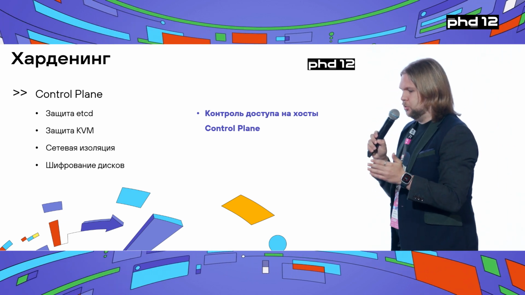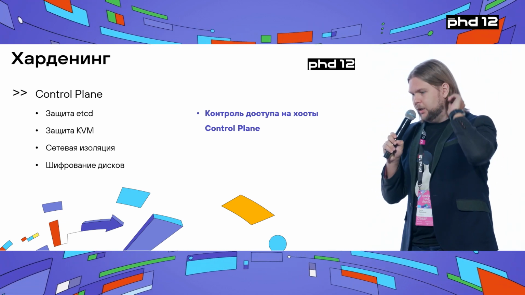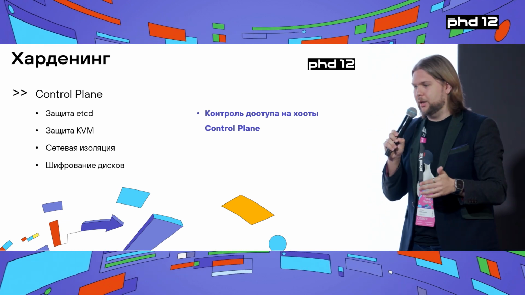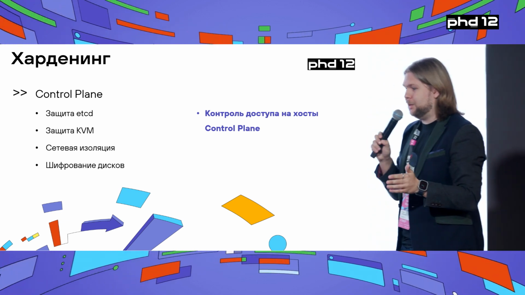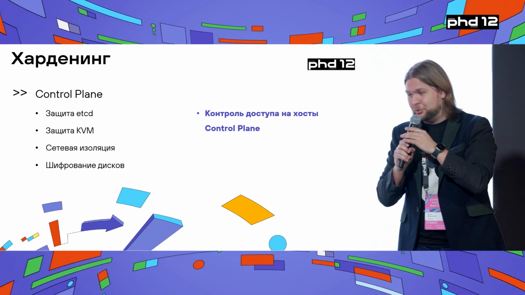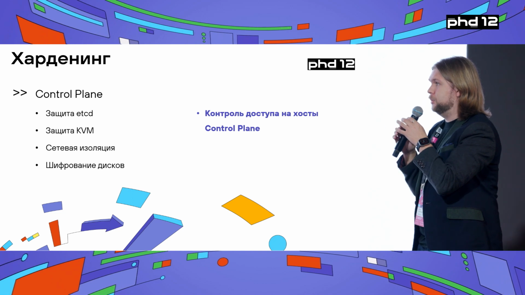Okay, access control to the hosts and control planes. If you have made everything secure and encrypted, but the host or control plane gives access to anyone, then that's not a good story.